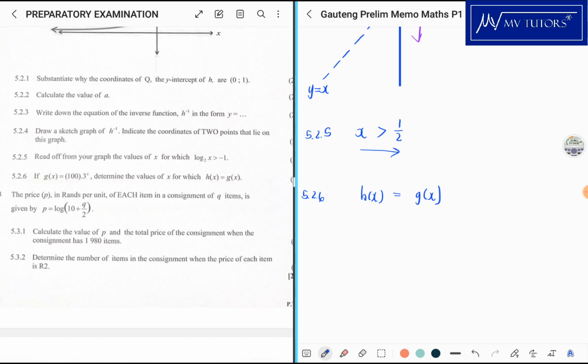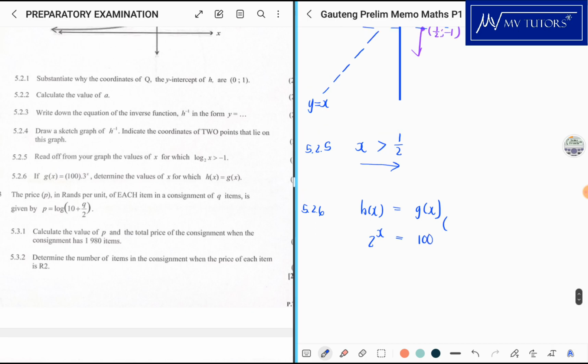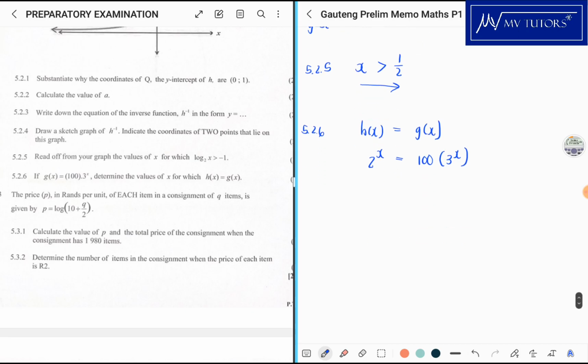So h of x, we said it is 2 to the power x, and g of x is 100 times 3 to the power x. So what am I going to do? I see that I have the same power, so I'm going to divide by 3 to the power x on both sides.